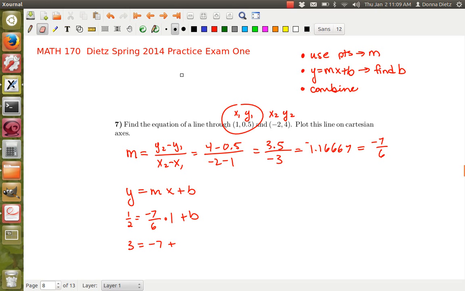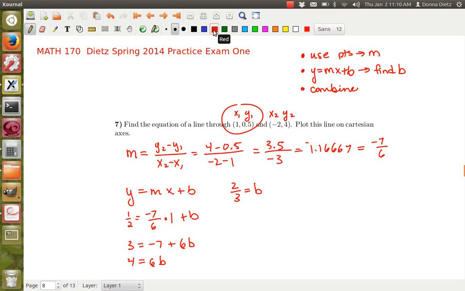Got to put a 6 over here, and then I'm going to add 7 to both sides, and then b is 2/3.